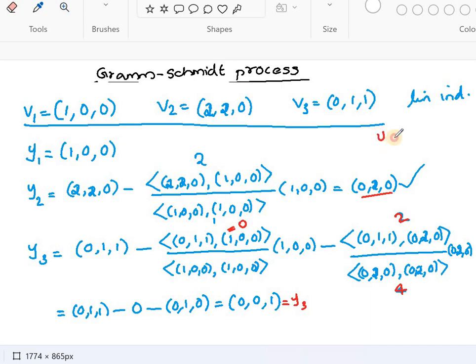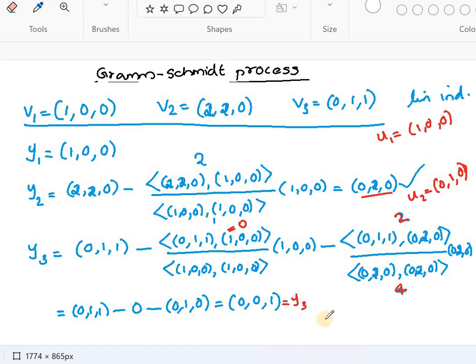Now you define u1 equal to y1 by the length of y1, that is nothing but (1, 0, 0) itself because its length is already 1. Now y2 is (0, 2, 0), so u2 is equal to (0, 2, 0) divided by the length of (0, 2, 0), that is 2. When you divide it, you get (0, 1, 0).